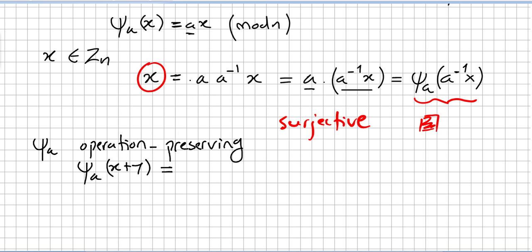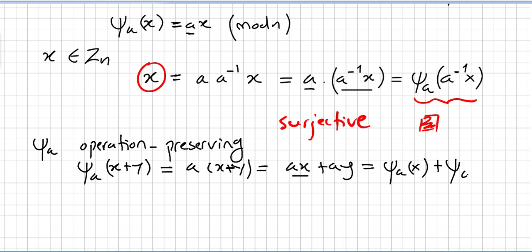So that will be a times (x plus y), but that will be ax plus ay, and this one is psi of x, and this one is psi of y, right? So we just proved that it is operation preserving.